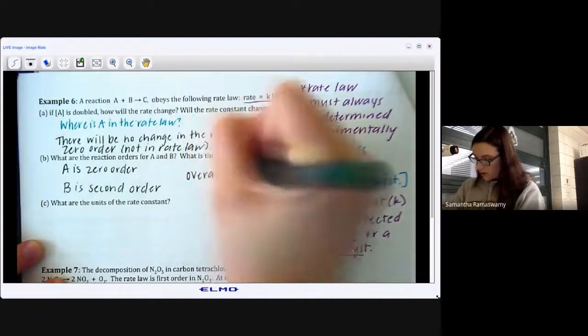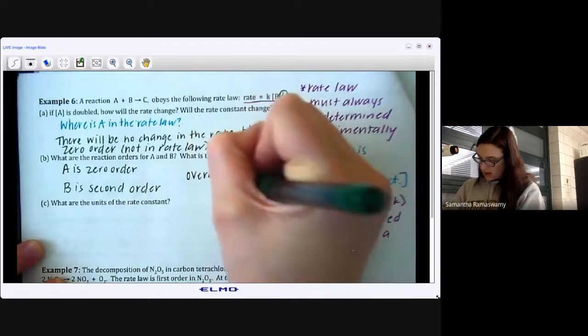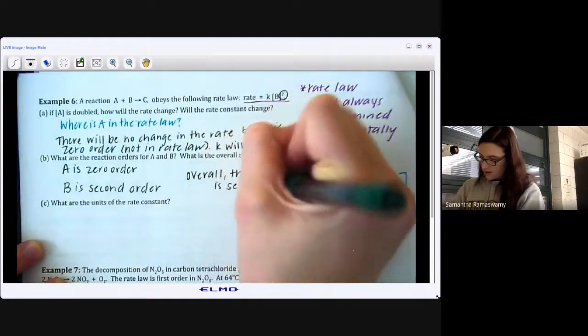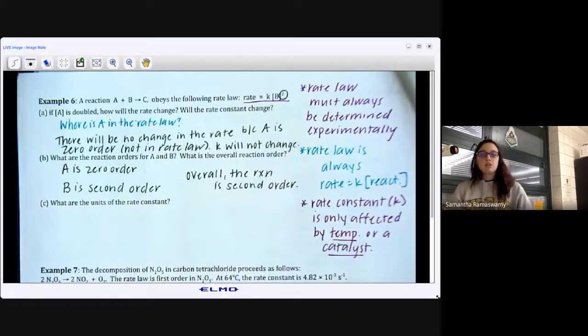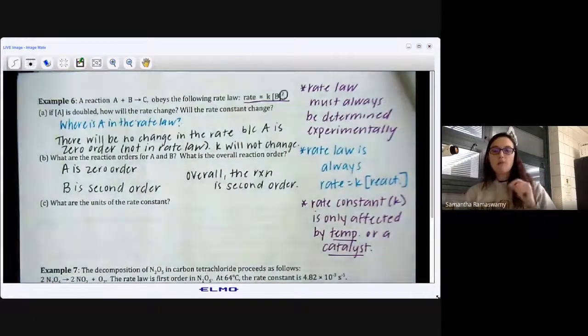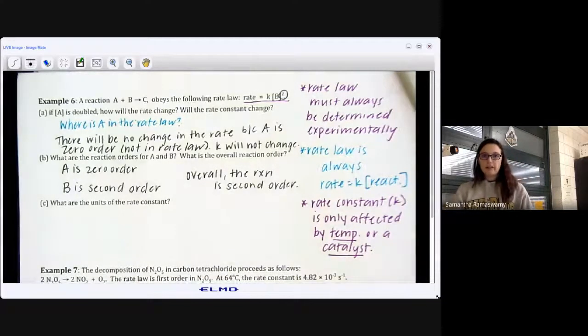So overall, the reaction is second order. The orders always come from the exponents in the rate law. They gave us the rate law in this problem. So they told us already what the rate law is. We didn't have to figure it out.